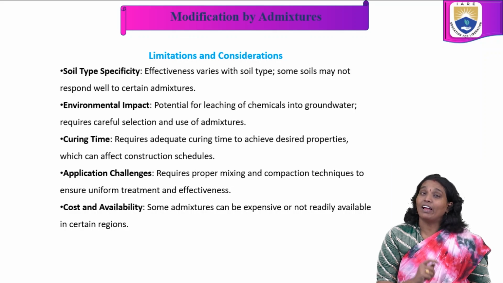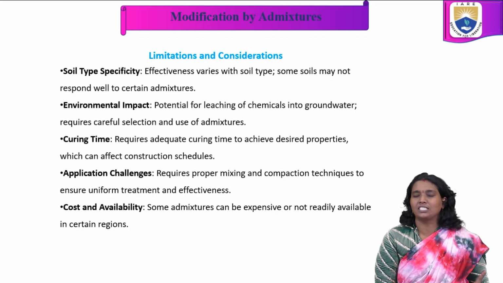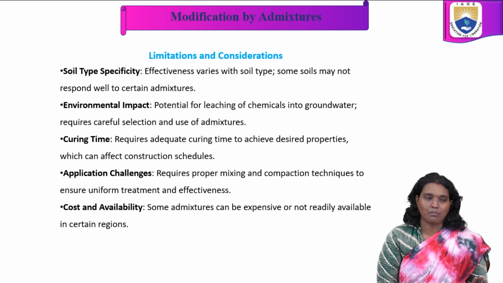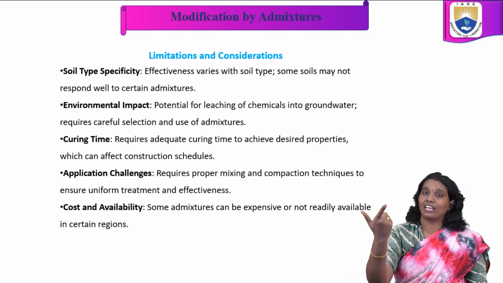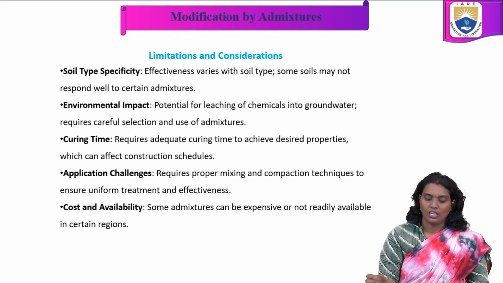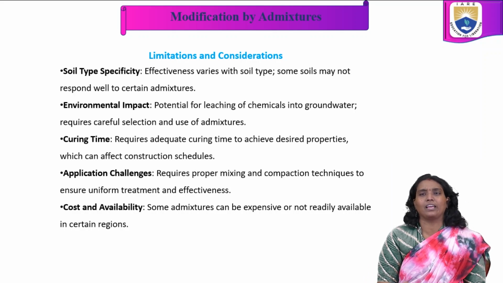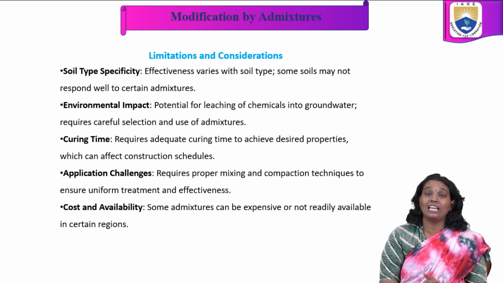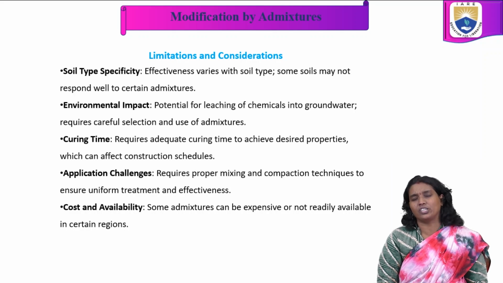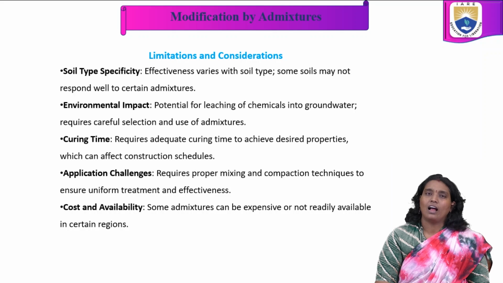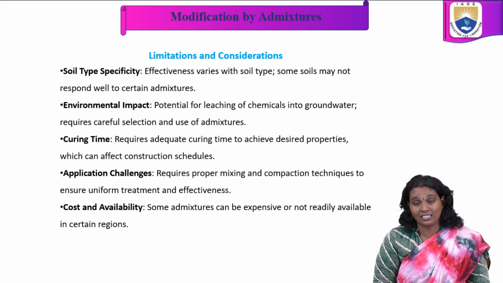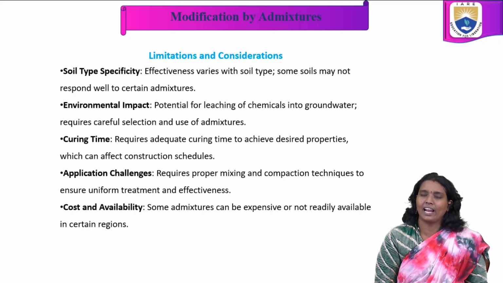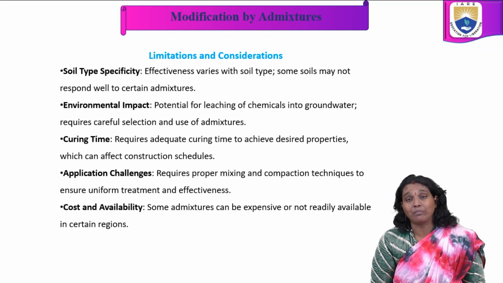Sometimes availability of the admixture is the issue. Sometimes the admixtures may not be available when required, which may again affect the construction schedule. Some admixtures can be expensive or not readily available in certain regions. These are all hurdles we have to consider for getting the desired properties, and we have to understand the soil we are going to modify using the admixtures.